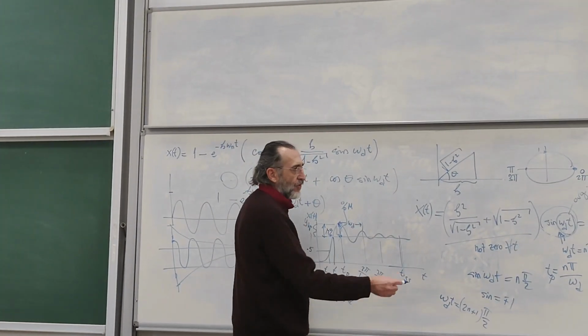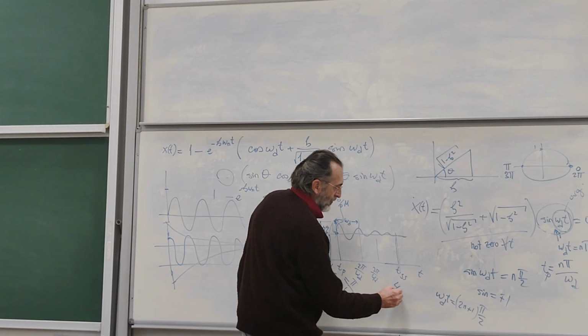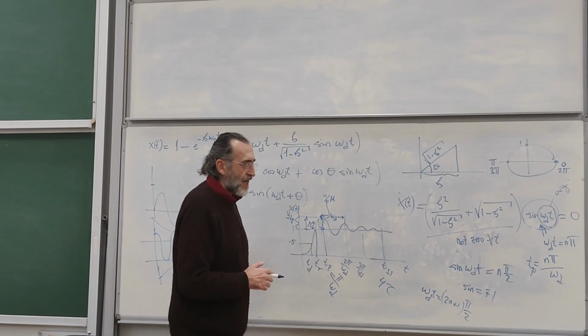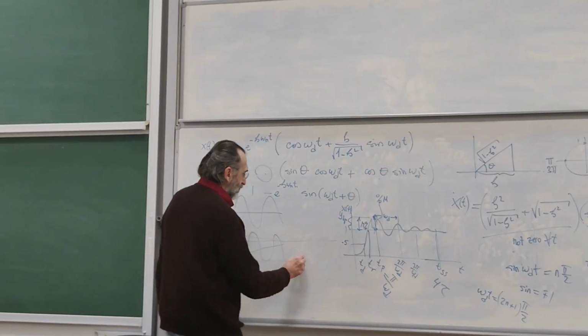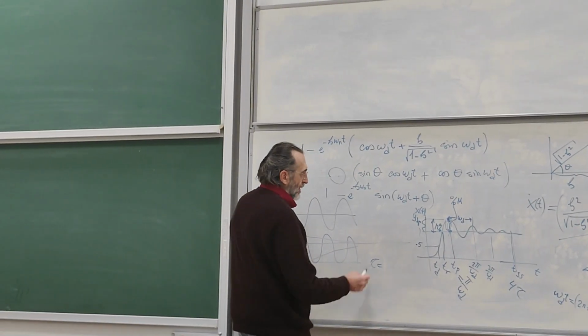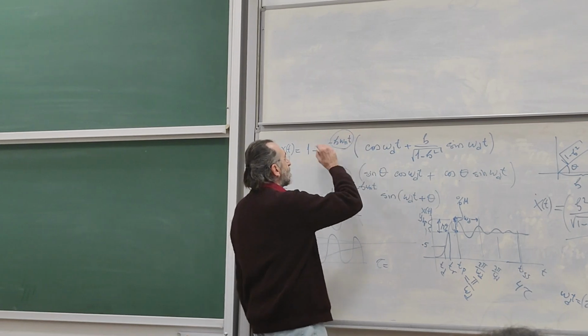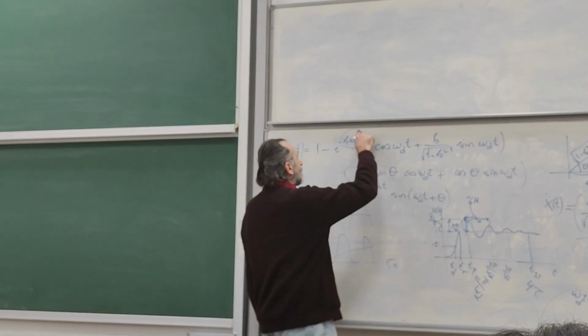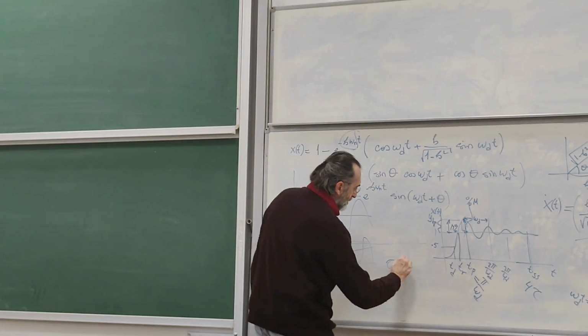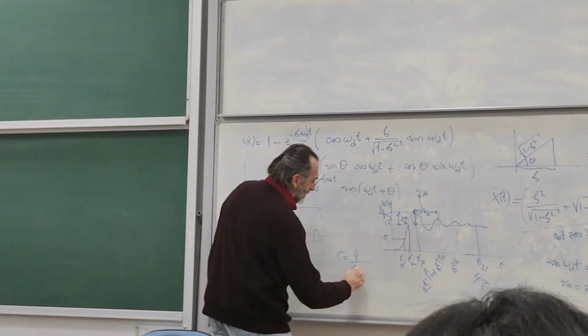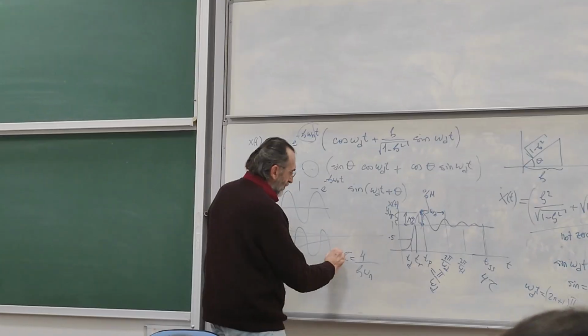TSS, as always, is equal to 4 tau. And in our system, tau is equal to this attenuation factor here without time. So it's going to be 4 divided by zeta omega n.